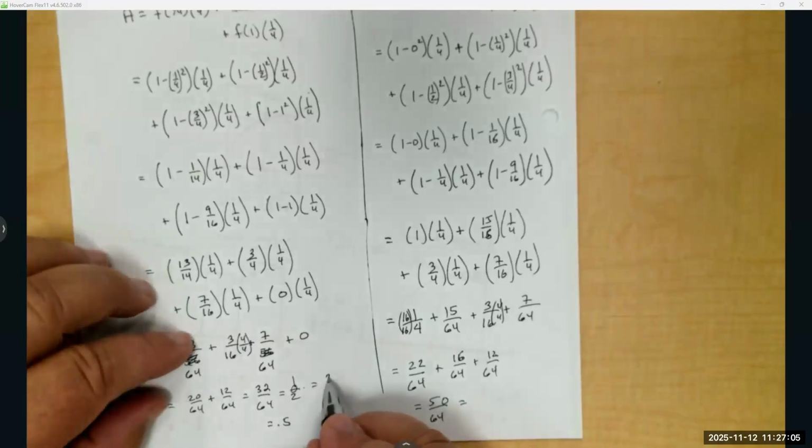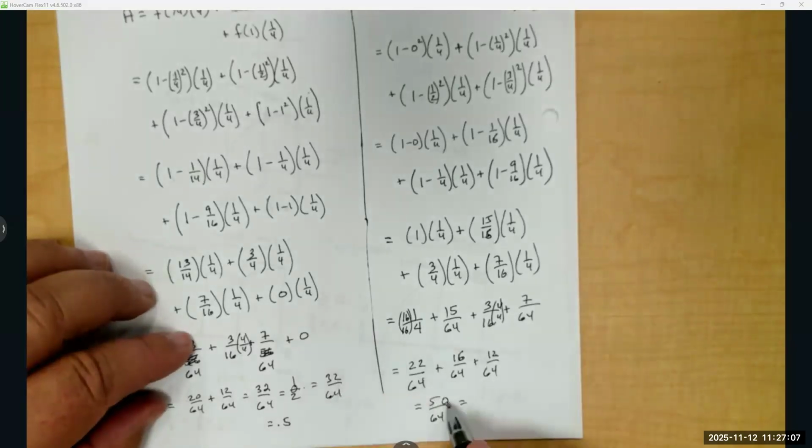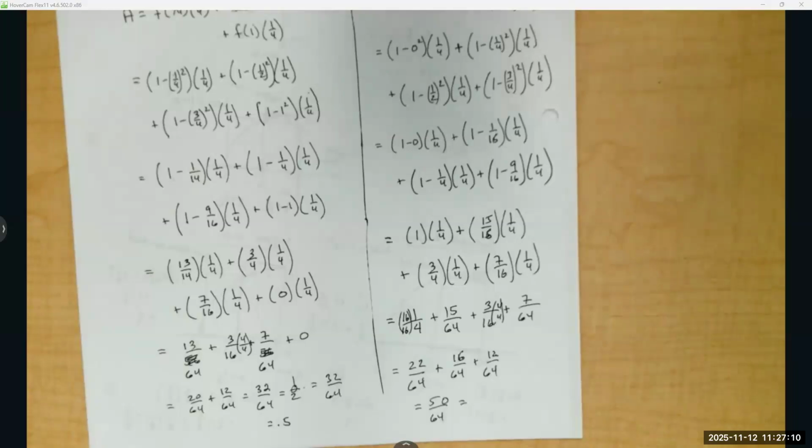So this one here is 32 over 64. This one's 50 over 64. Remember, the area has to be between those two. Nothing is difficult here. This is stuff we did in second and third grade, actually. So our true area is between there.